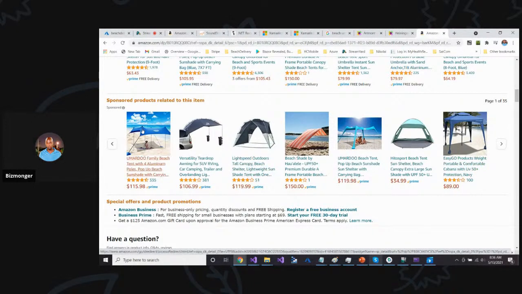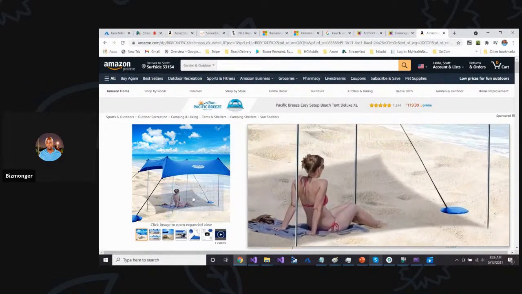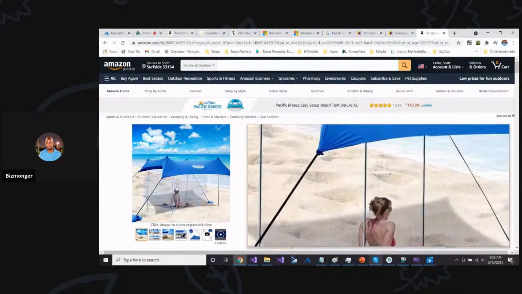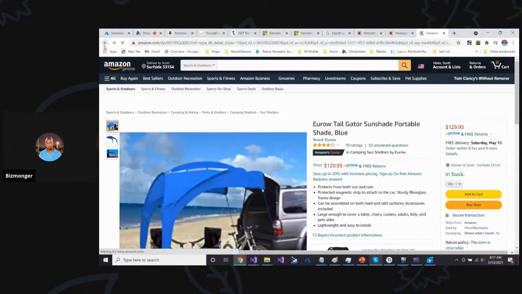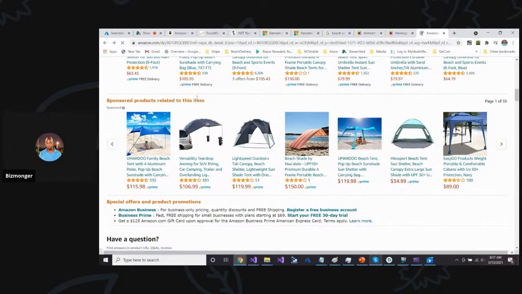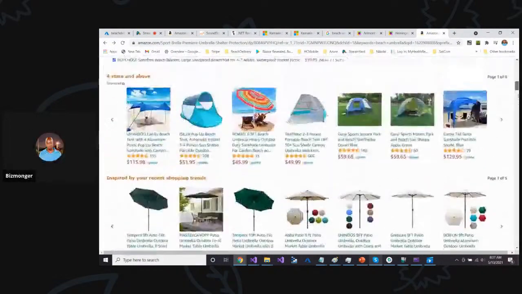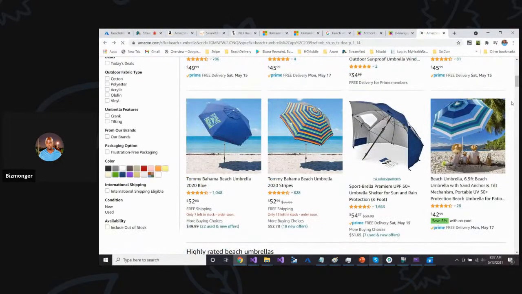I don't know. I keep going back to this. It just looks complicated. Yeah, it looks complicated. Go back to my umbrellas. It has to be simple, man.